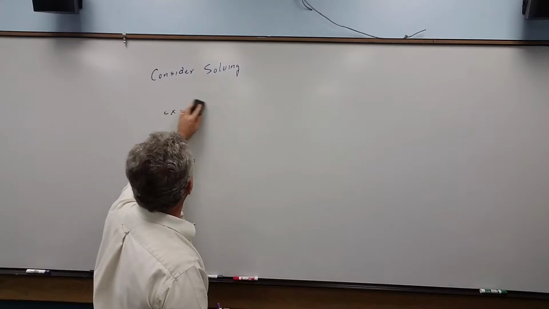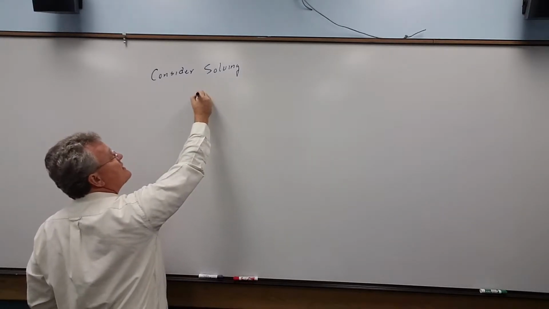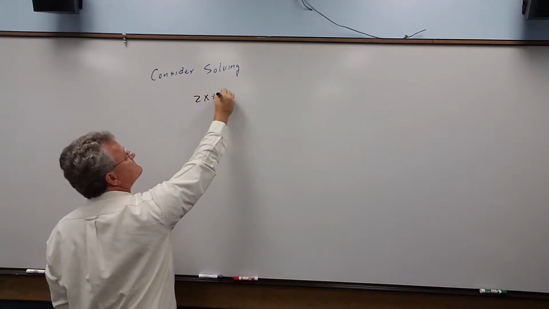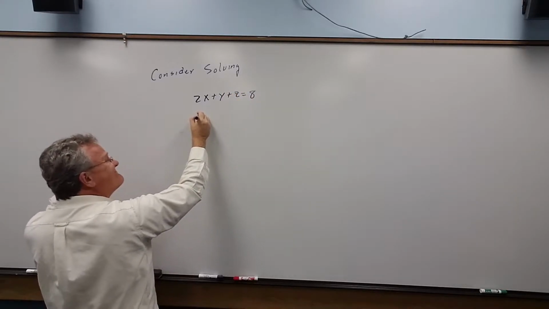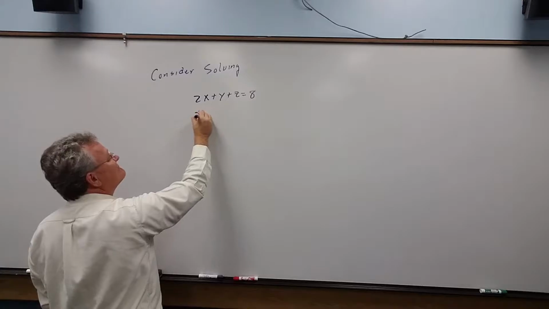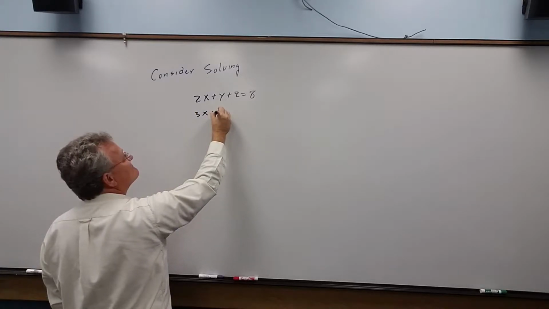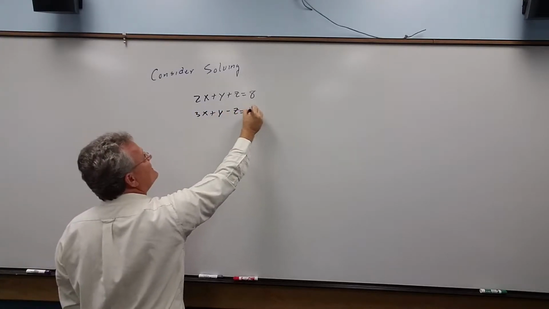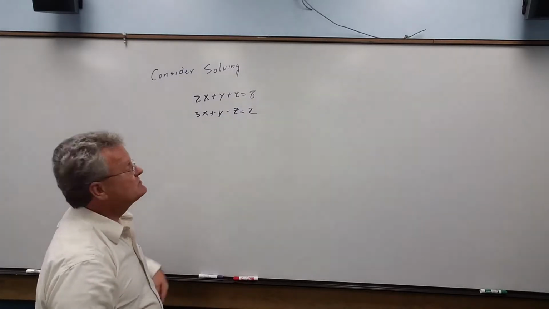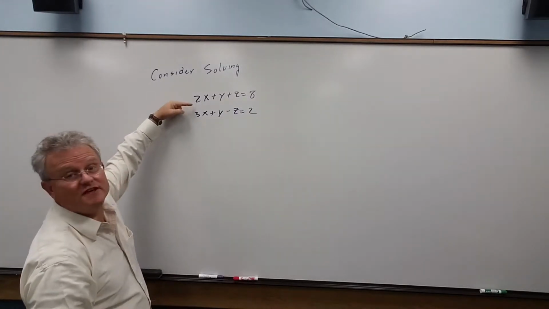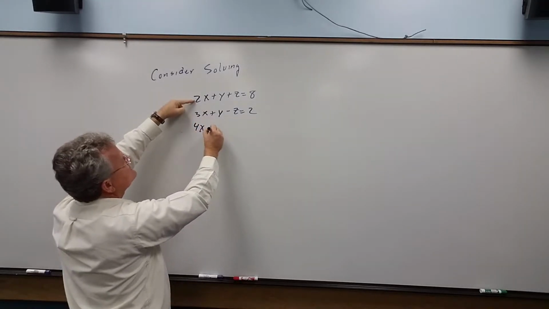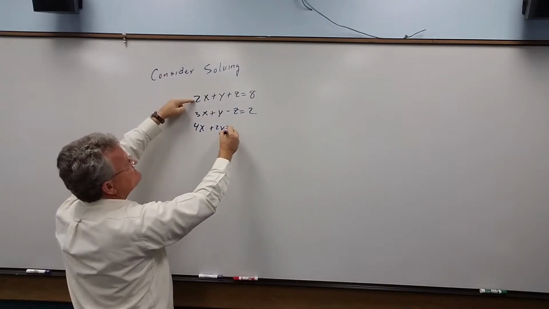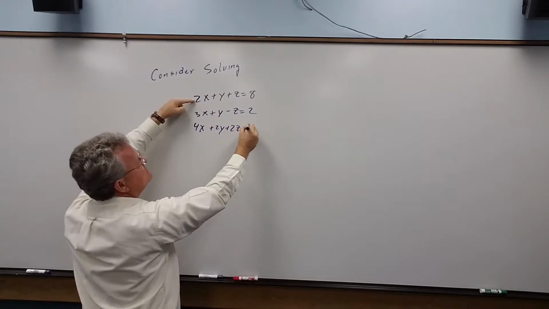Now if we consider three equations, now let's say our third equation is a multiple of one of these two. Yeah? Let's say it's a multiple of this. 4x plus 2y, I'm multiplying this by 2.